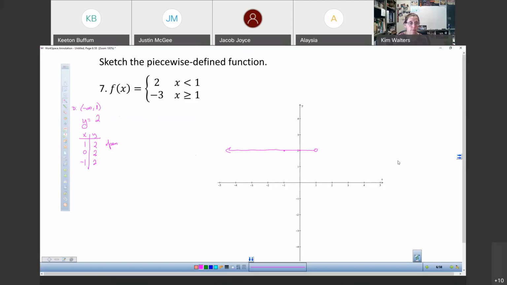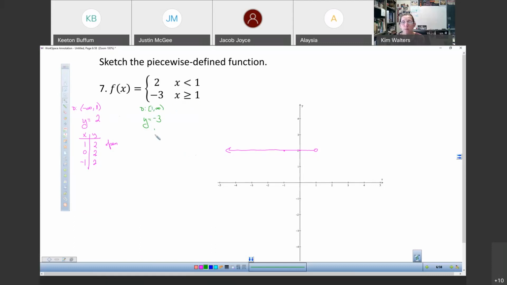So now let's do the second part of this function, which is y is equal to -3. And this is defined for the domain of +1 to +infinity, everything greater than or equal to 1. Notice I'm going to put a square bracket on this.